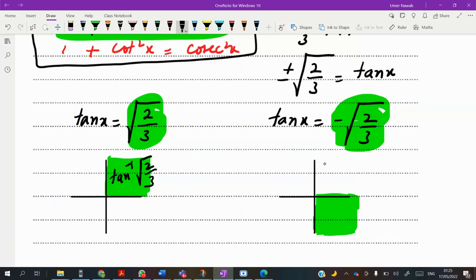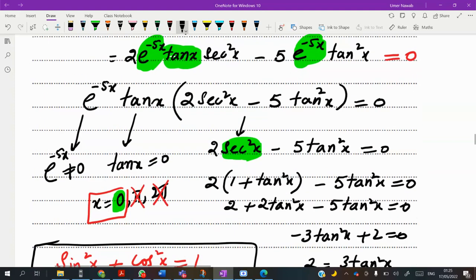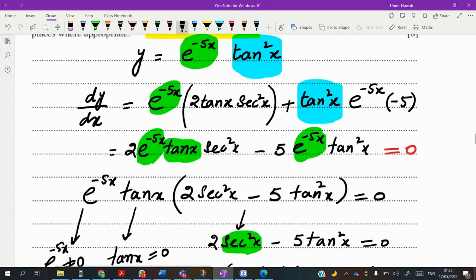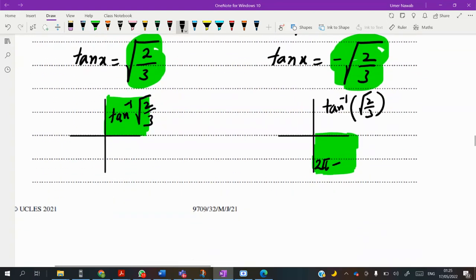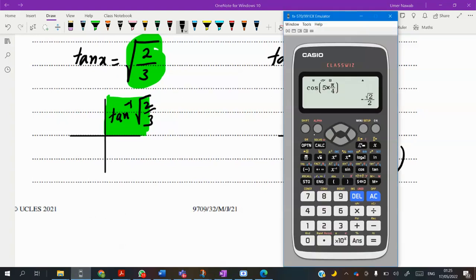What is the basic angle? The basic angle is still the same, shift tan of square root of 2 over 3, but I need to drag this answer to the fourth quadrant. So I'm going to write 2 pi minus, because the given range is given in radians. So don't write 360 minus. We need to write it as 2 pi minus shift tan of square root of 2 over 3. So use your calculator, and your calculator has to be in radian mode. Now it is converted.